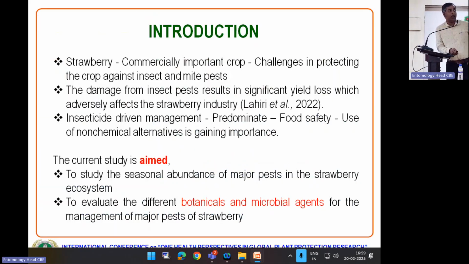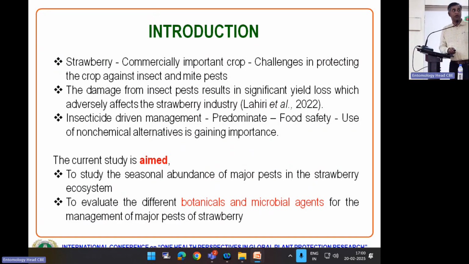The major challenges in strawberry production are insect pests and diseases. Now it is cultivated under protected cultivation, and here the sucking pests are dominating. Nowadays, to manage these pests, pesticides are used, and residues occur in the strawberry fruits, which leads to food safety issues.